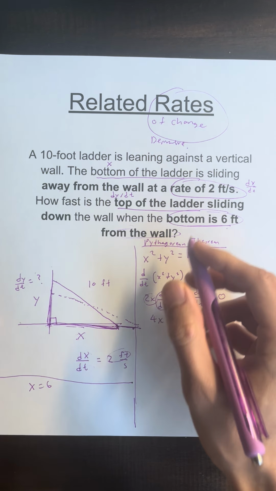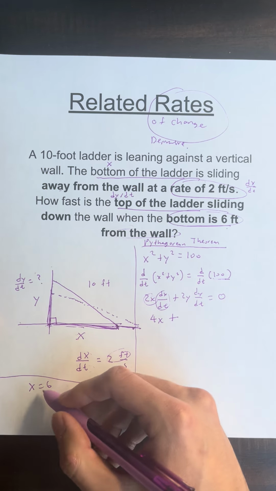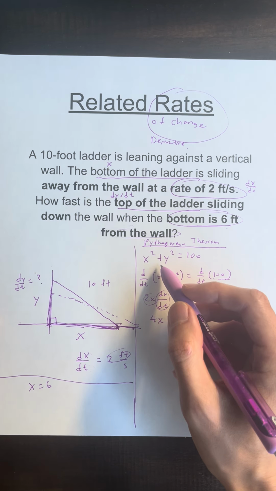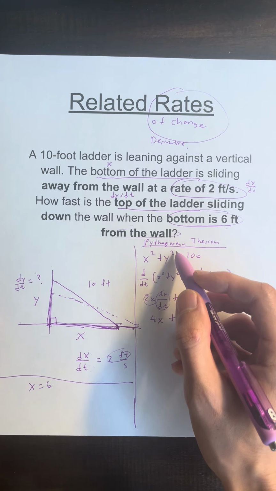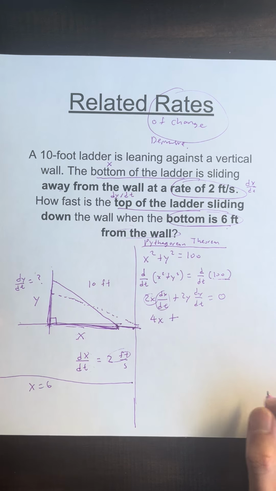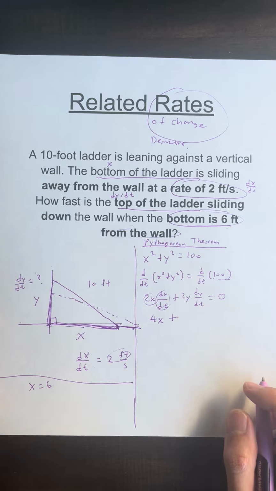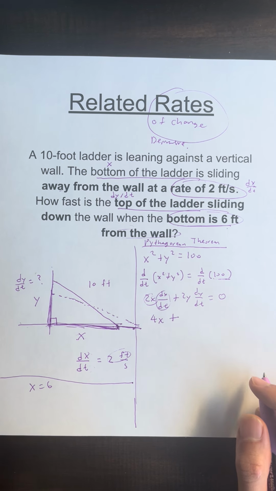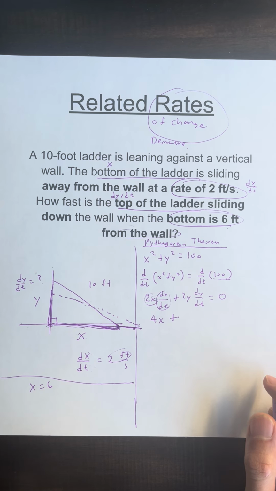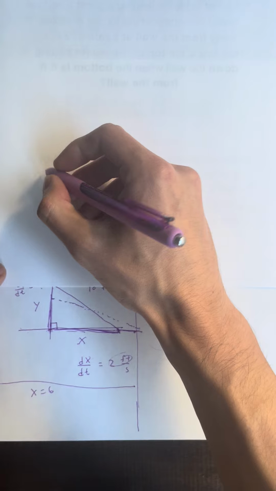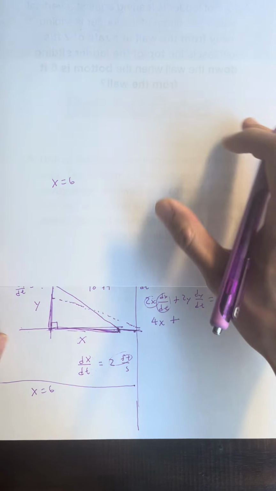It's 6, and then if x is 6, then according to this equation, what's y going to be? Okay, so whatever I write on the sheet of paper, you don't have to write down when showing your work. Okay, so x equals 6, right?